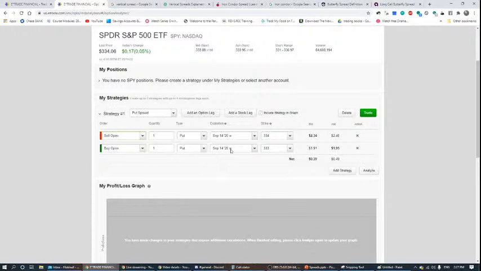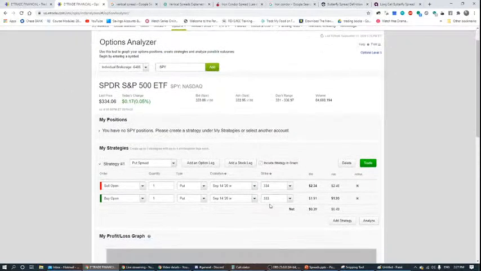SPY's trading at, I think, like 340. What's SPY at right now? Oh, 340, yeah. So I want to do 325 and 324, or I can just do 326 again.